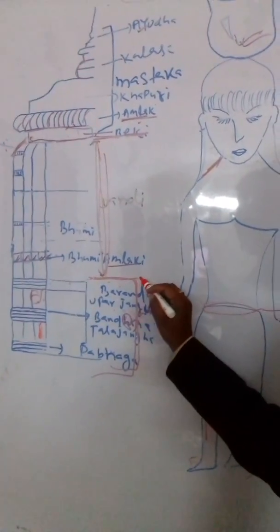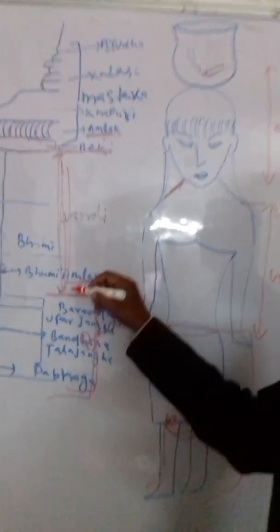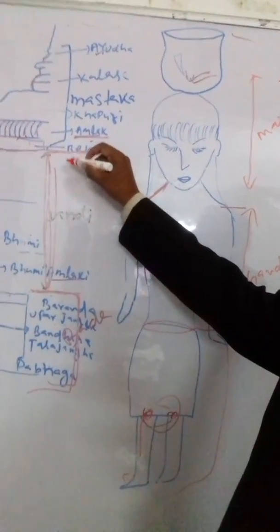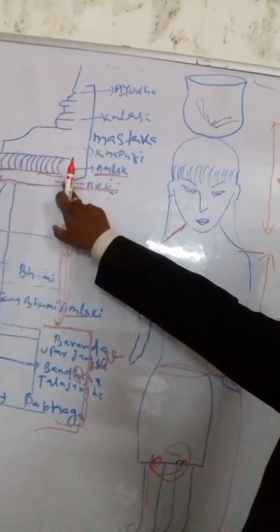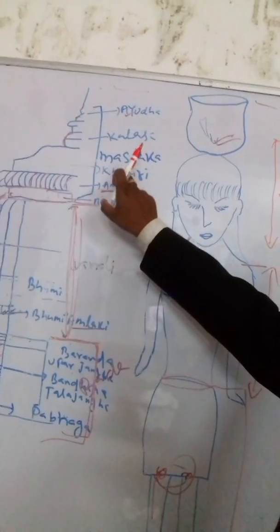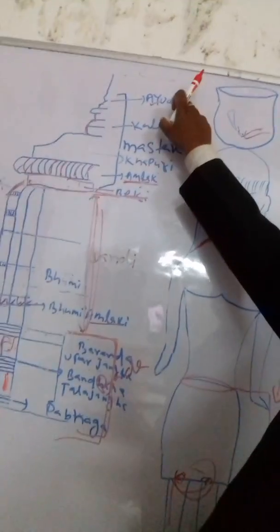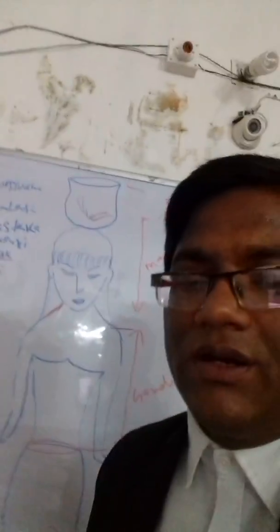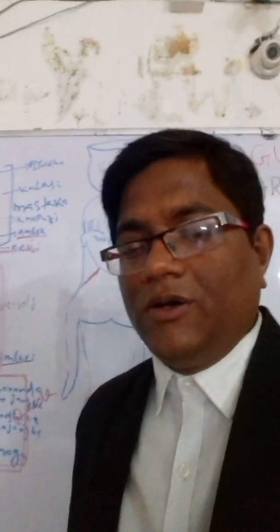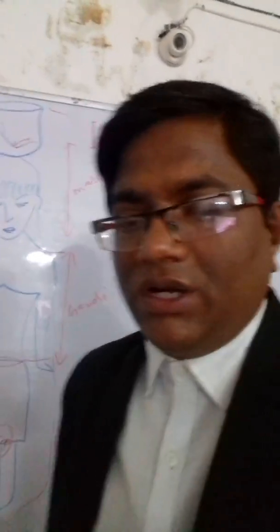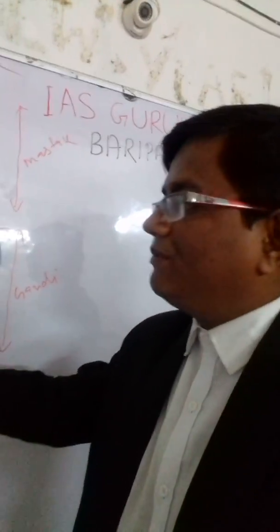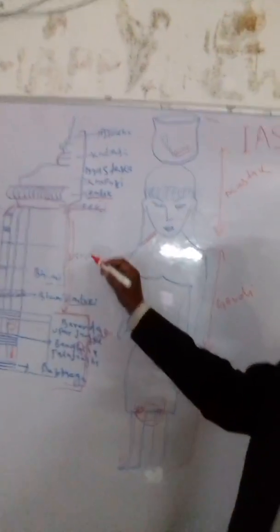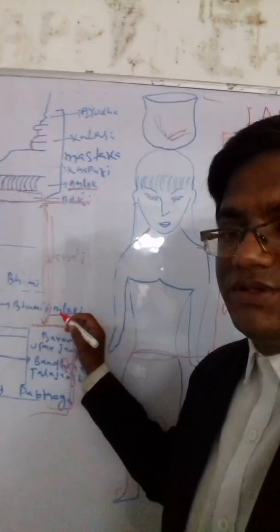With this baranda, the bado ends and the gandi starts. In gandi there are basically two types: bhumi amlaka and bhumi, and after that beki, amlaka, khapuri, mastaka, kalaso, ayudha. If you compare it with a girl, you can better remember the architecture of the Rekha temples.